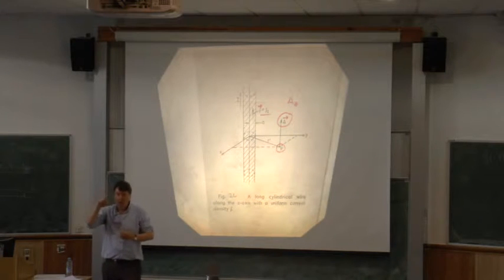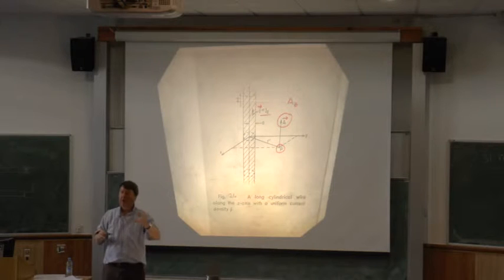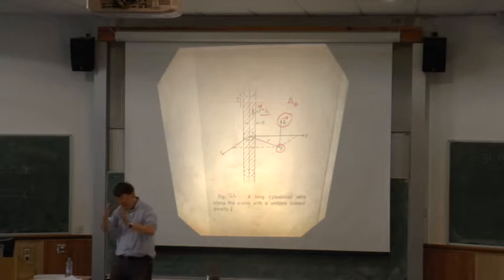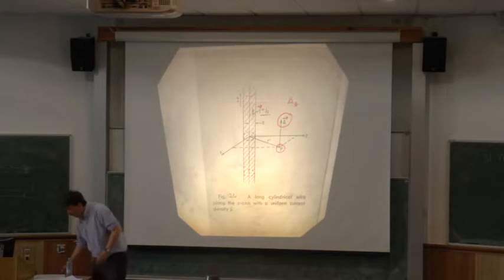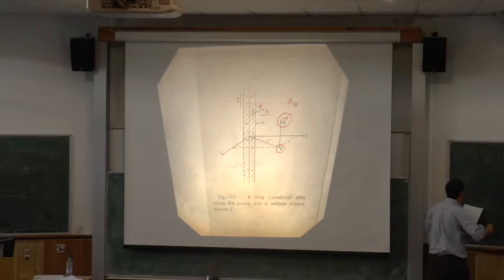Instead of having one wire and calculating the vector potential, then the magnetic field, we've got 4 wires, which we consider in 2 pairs. As I say, I'm not going to go through the details for that.